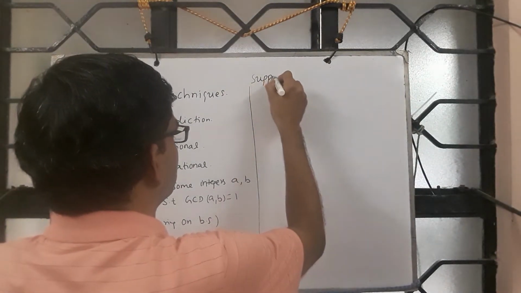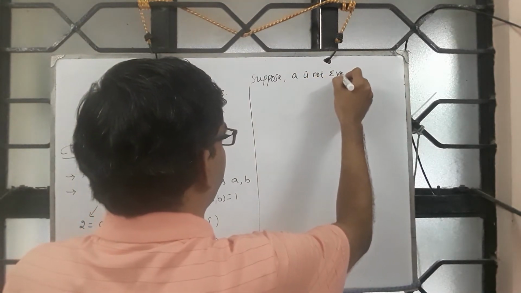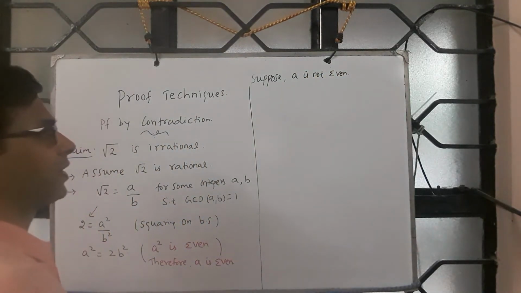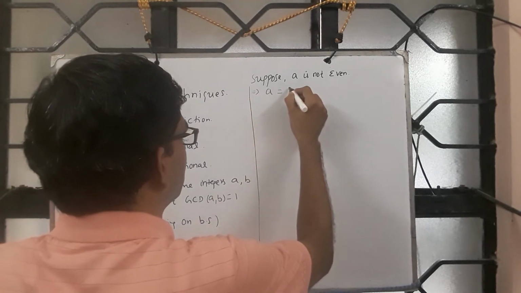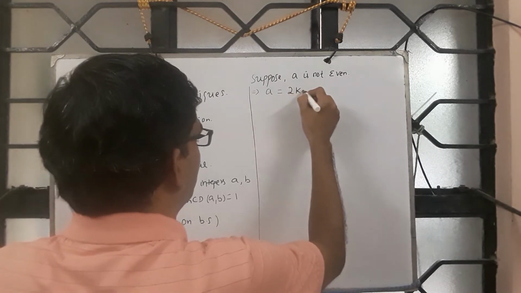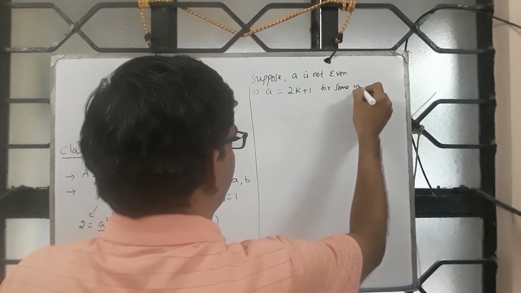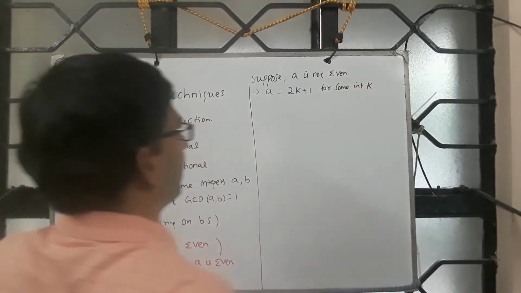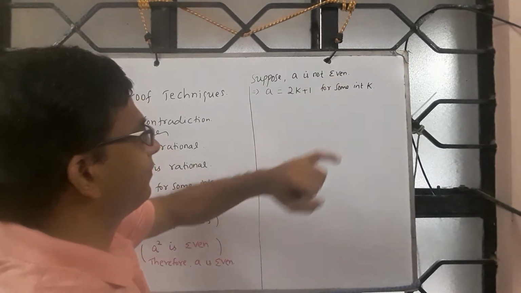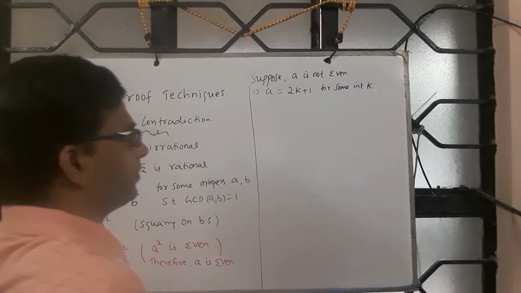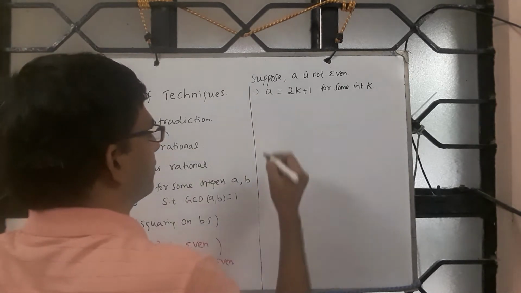Now we see that a is also even. Suppose a is not, okay, which means a is some 2k plus 1 for some integer k, correct? And you say it is not an even number, so it is going to be an odd number. Formally, how do you write? You write this.